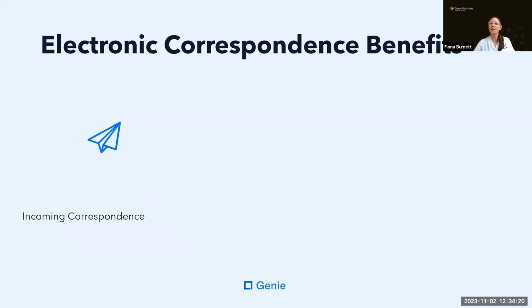So let's have a look at how a proficient workflow can exist. In this example, a practitioner views their incoming letters within Genie. The practitioner determines that this new patient referral is suitable and sends a task to the receptionist to organise an appointment.